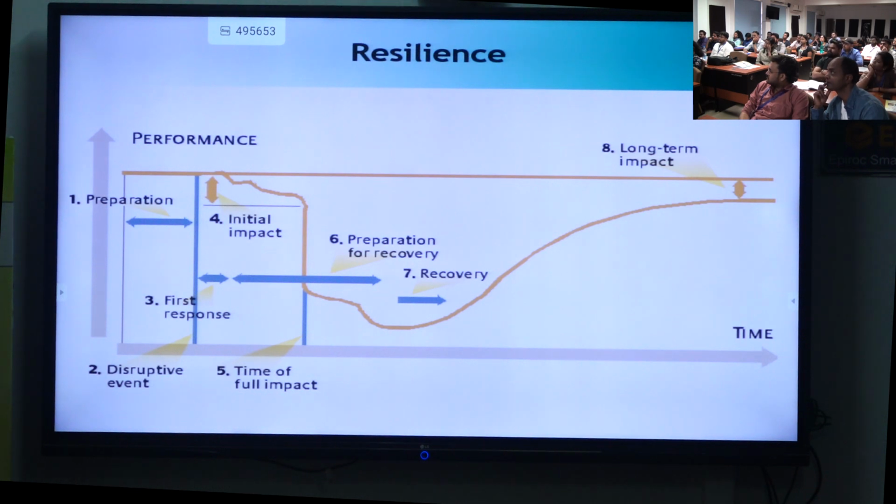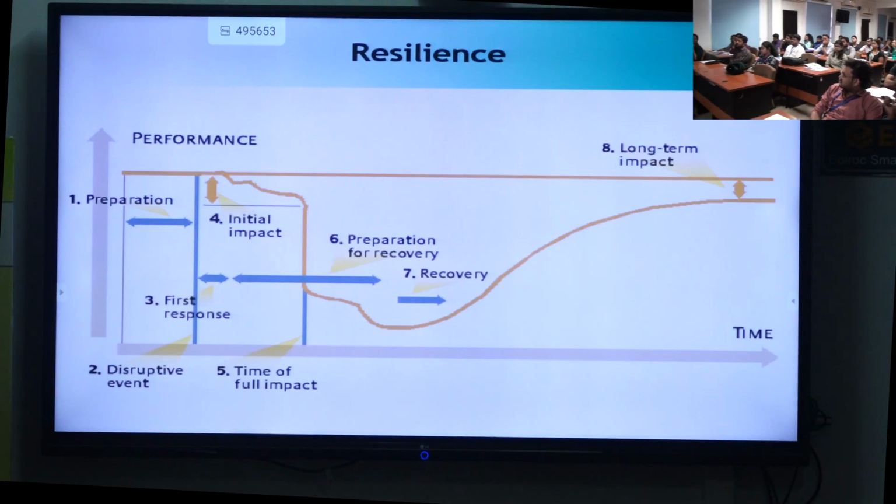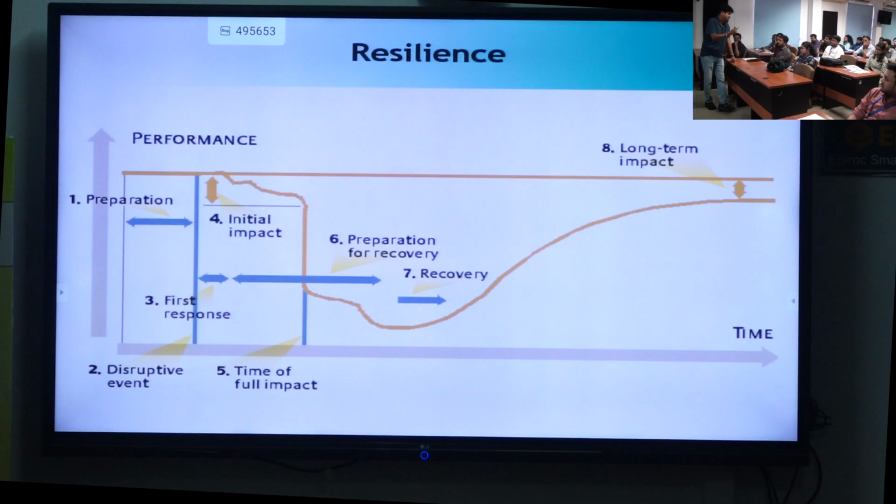Then there is also a second wave, there is also a third wave. Okay? And maybe there is another earthquake that has triggered something else. Until the entire full impact has been realized, we are still in that zone. We are still responding, trying to mitigate, coping. That is where the coping ability comes in.